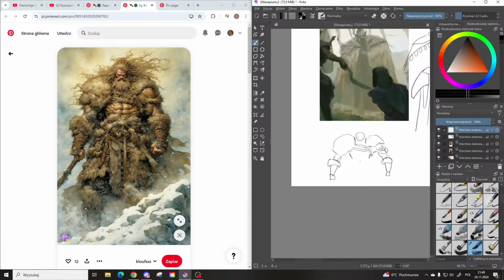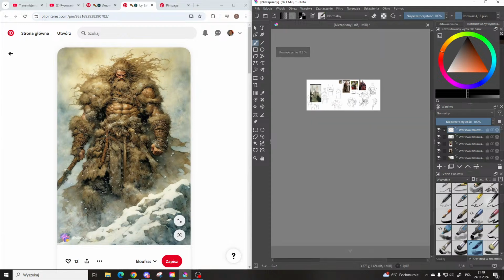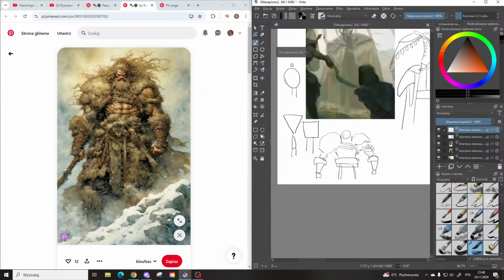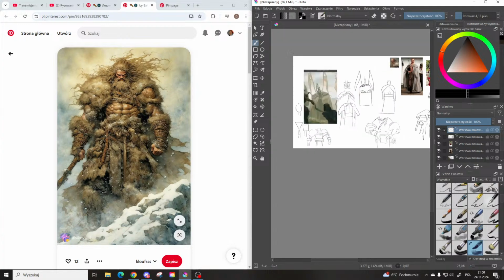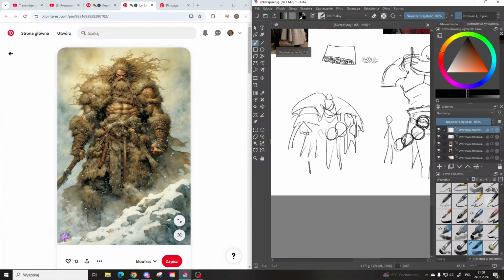To recognize which one is a hunter, which is a sorcerer and which is a peasant, they had to be made out of super recognizable shapes. One had a triangle head, one had a square head, and one had a circle as his belly. This way, from a big distance, you were still able to recognize who is who. It still works like that in design, but it's more subtle.